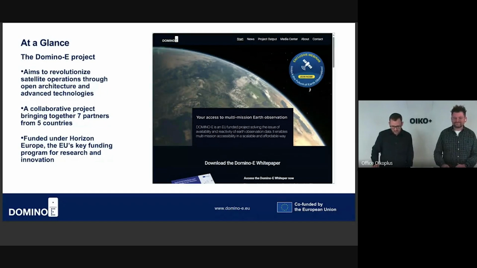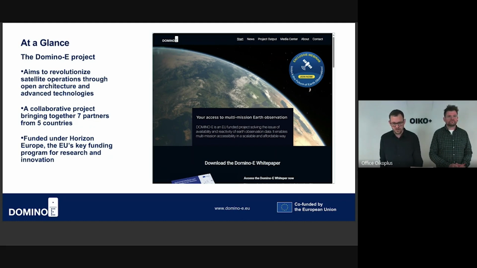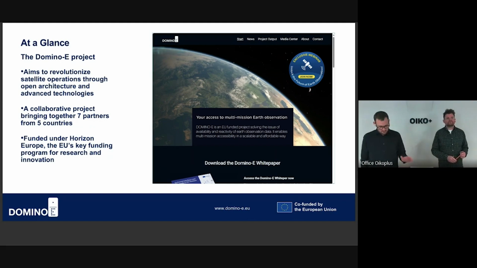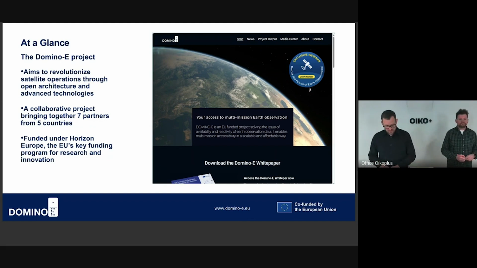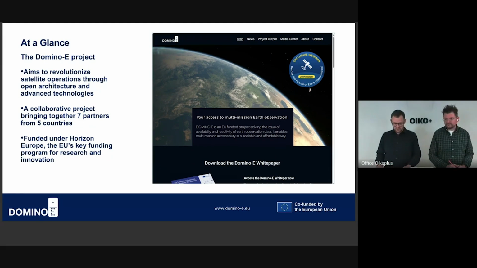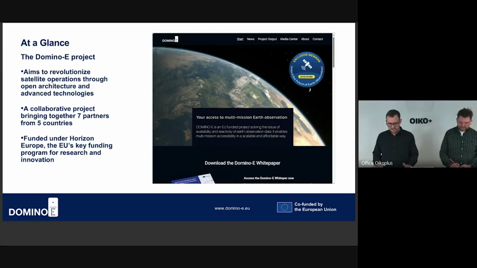Before we go into the details of this very call, we wanted to start off with a very short, brief introduction to the Domino-E project, what it is all about. Domino-E is quite an ambitious project that is funded by the European Union, and that wants basically to enable 7 partners from 5 countries to democratize access to Earth observation data.